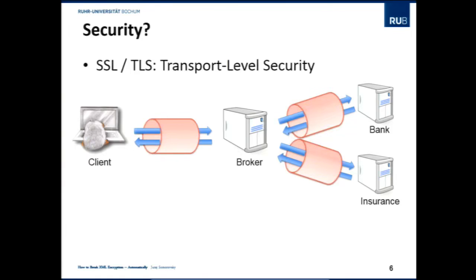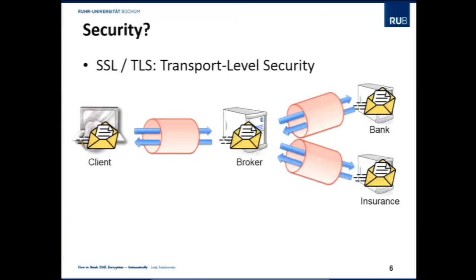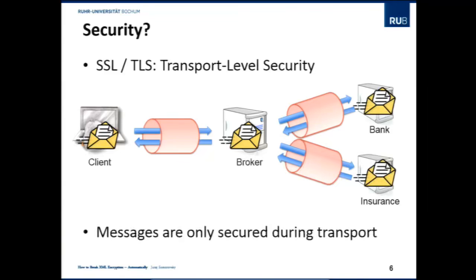In SSL/TLS, the messages are secured only during the transport. So if the client sends a message over the secure channel to the broker, the broker can see the message, maybe some confidential data like credit card data, and send it to the bank or insurance company. The problem is that messages are secured only during the transport.